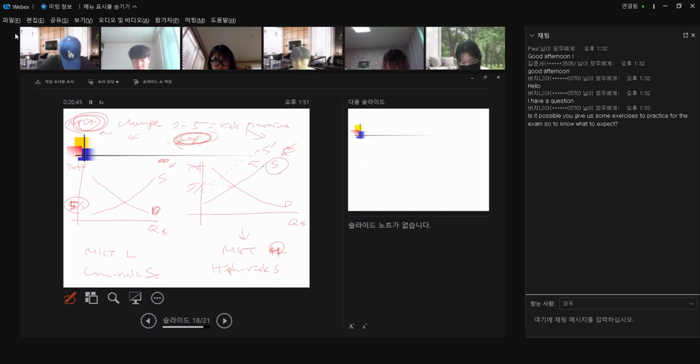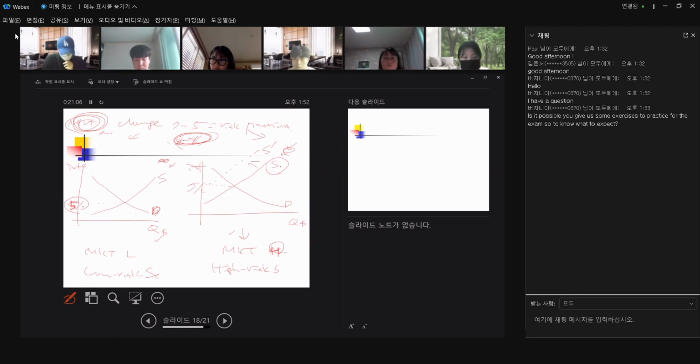To S prime. So when we compare the two graphs, market L graph and market H graph, I drew the S line closer to the y-axis in market H because this is more risky. If the market is risky, then the total amount of supply is decreased.